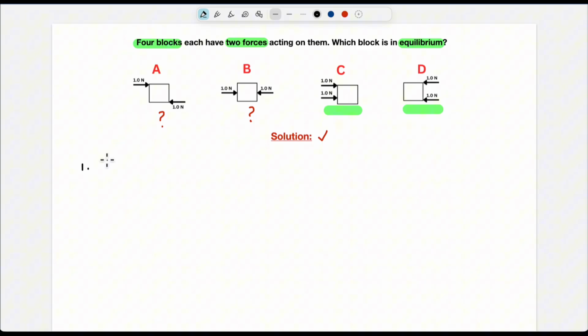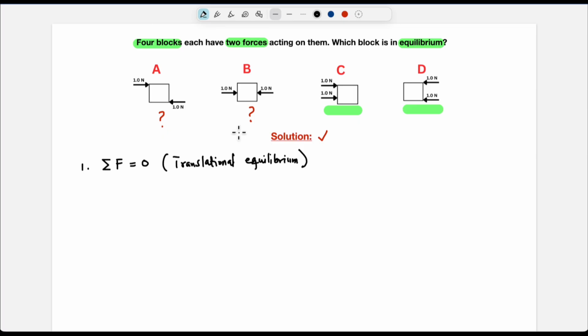From Newton's second law, it tells us that the net force acting on the block has to be equal to 0. That is translational equilibrium. So this is the condition for translational equilibrium. That is, the total force or the net force, the vector sum of all the forces acting on the block must be equal to 0.